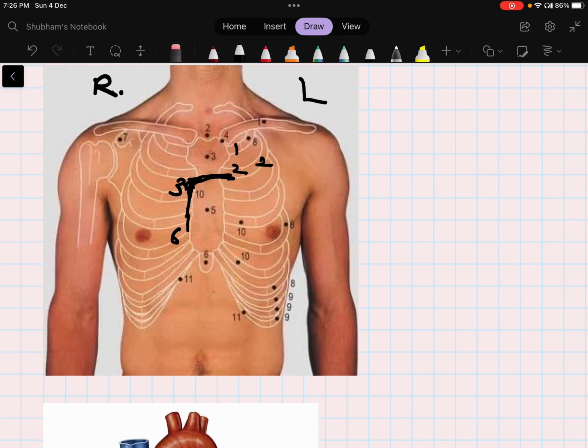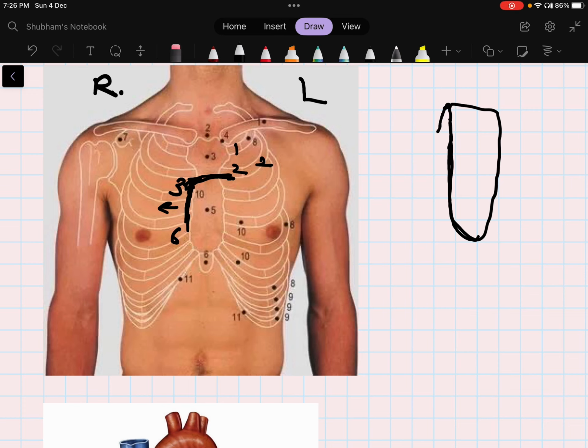It does not extend out in the rib. So what I'm saying is, this is your sternum basically, and the right border of your sternum overshadows the right border of your heart. When you are taking a chest X-ray, you can't actually make out the right border of the heart.